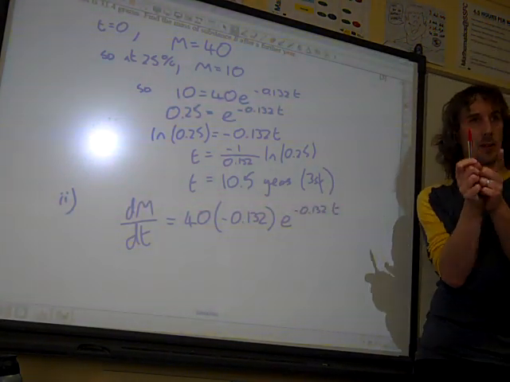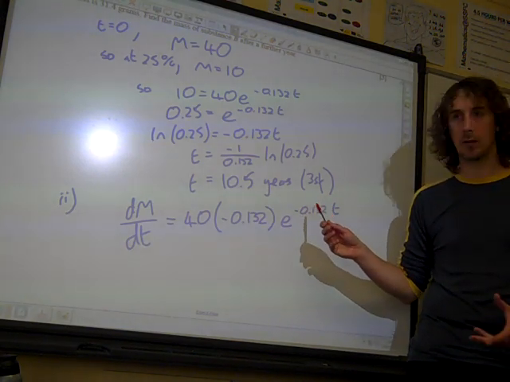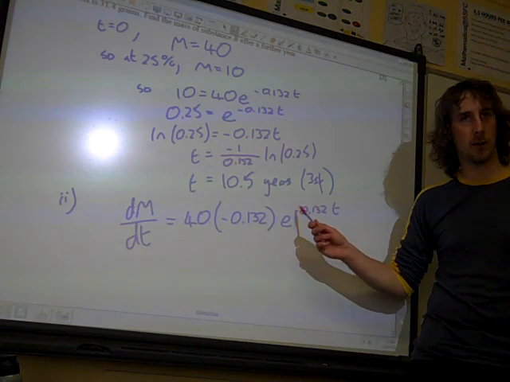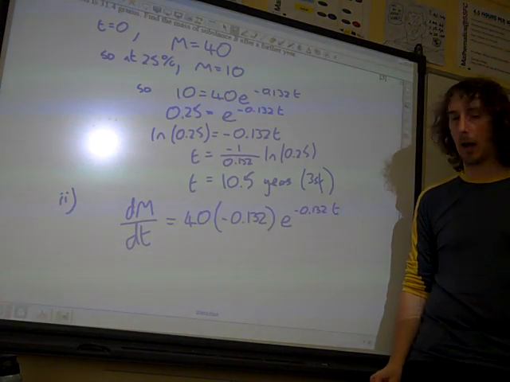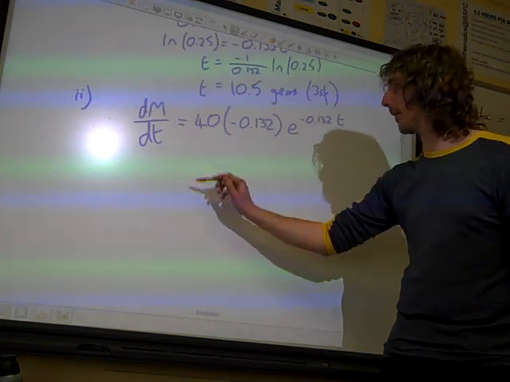Remember this common thing that people get wrong: when we're differentiating e to the ax, the ax bit doesn't change. Don't be tempted to try and do anything to that. This is minus 5.28.